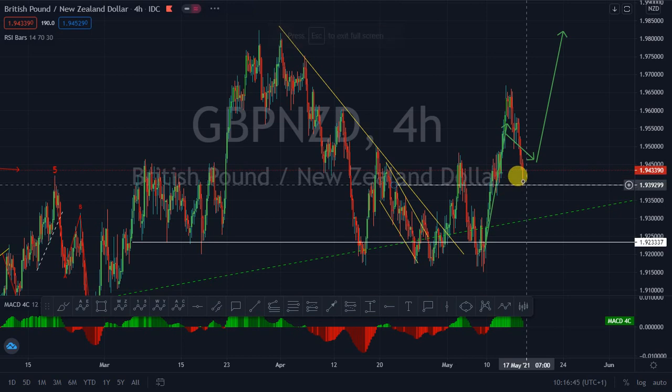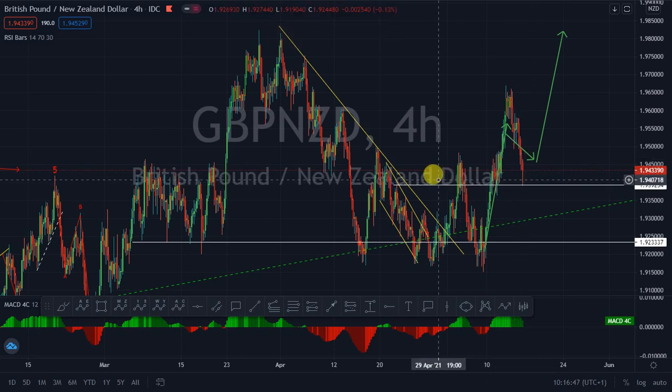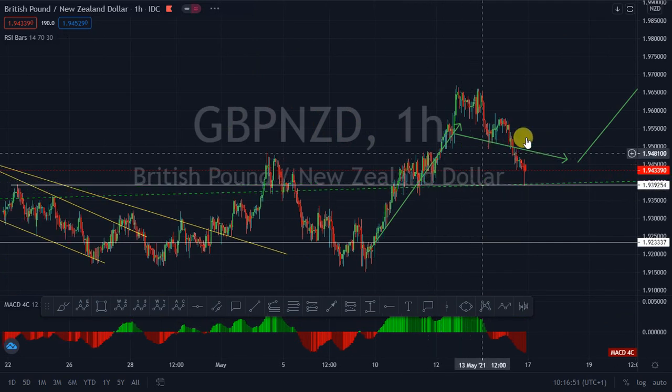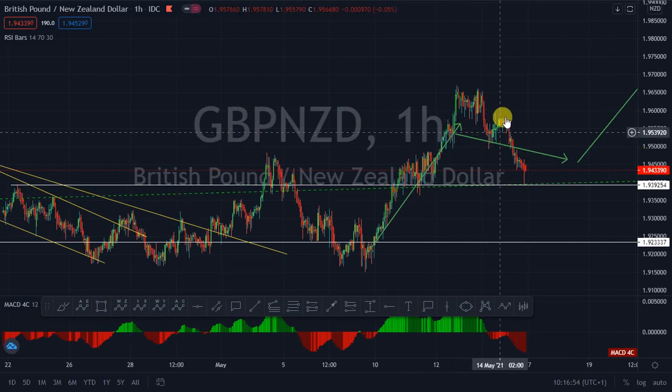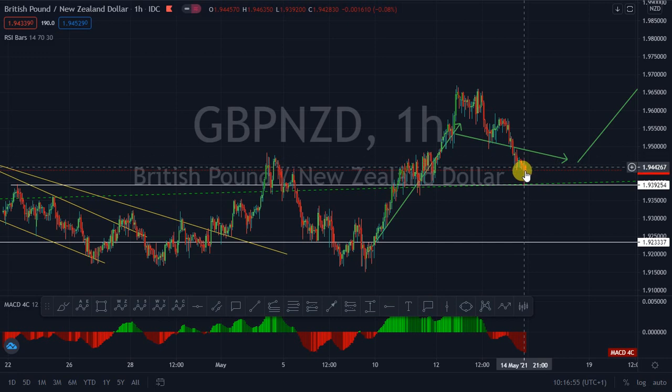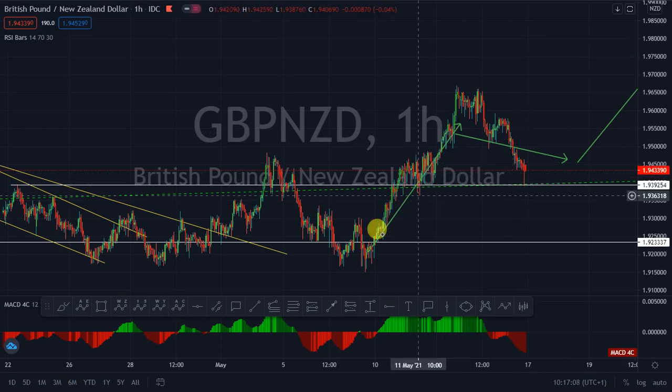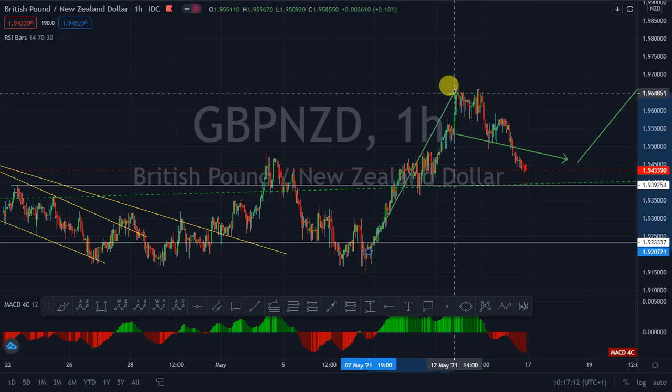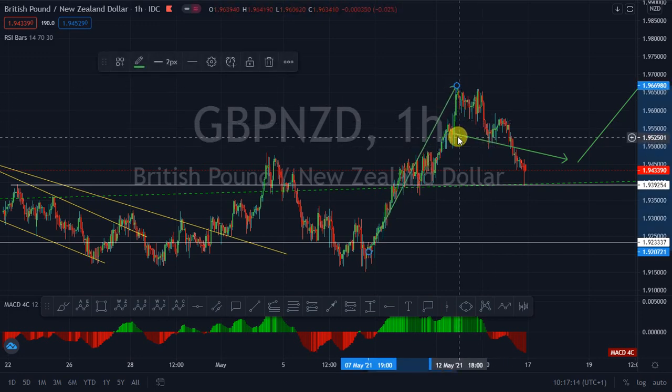So this move, let me go to 1 hour. This 3 wave pullback is what we needed to see. So buying continues from here, then here is the stop loss. It's a very good trade because the stop loss is very tight. So buy from here. Our last forecast said it would, and it went higher than where we forecasted.